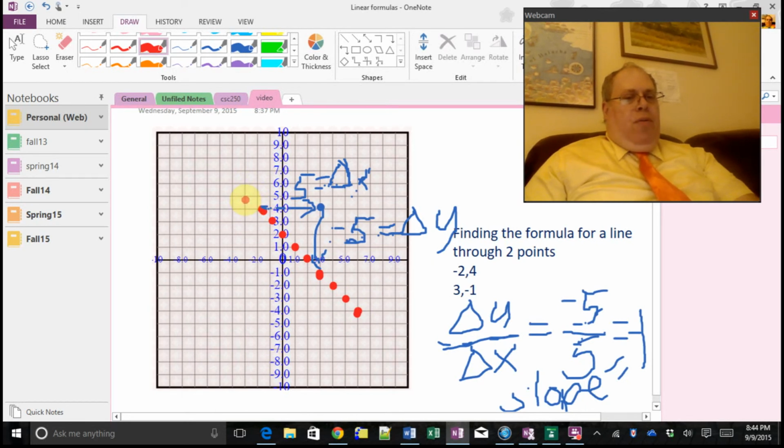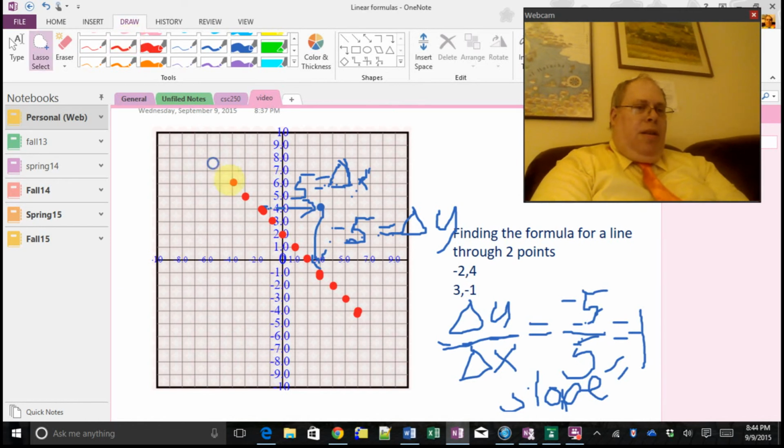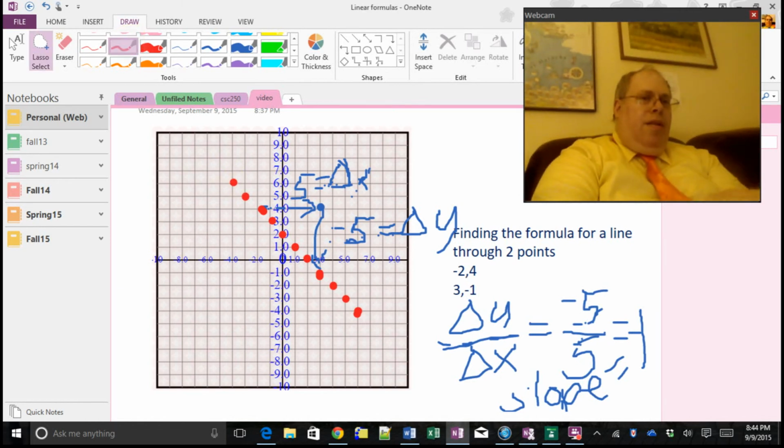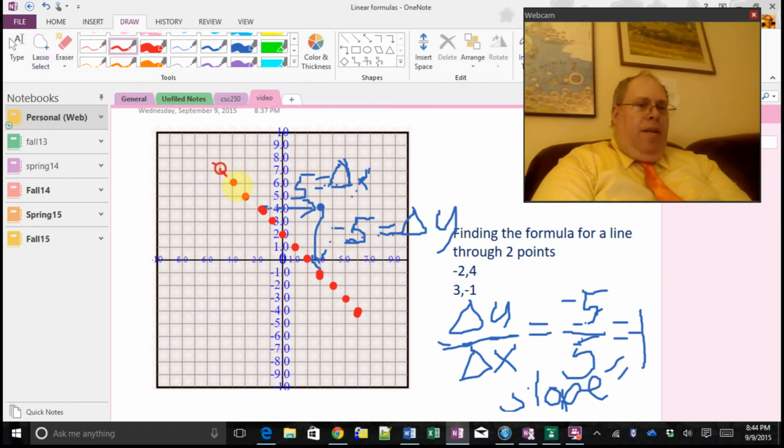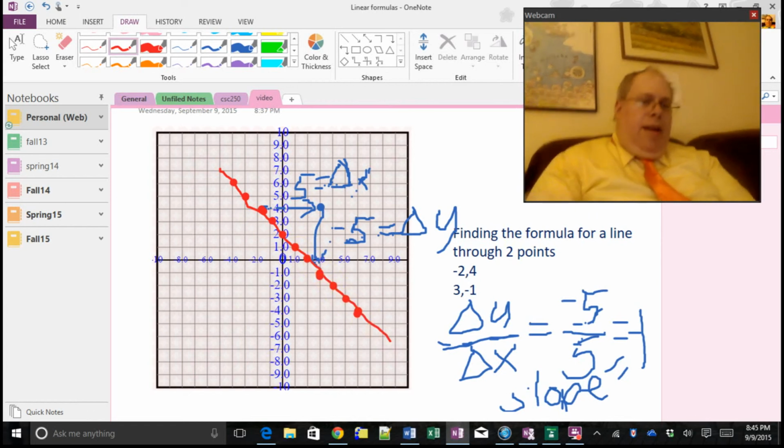I can go left 1, up 1, to continue the line here. And once I have enough points, even someone using a clumsy stylus, like this one, can draw a fairly good-looking line through all the points and give me a line.